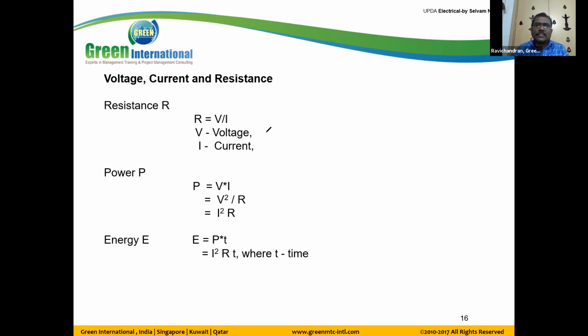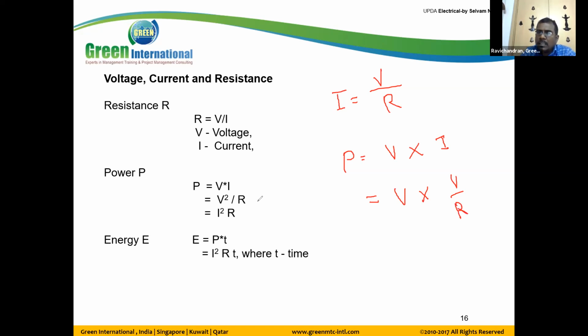We have general formulas. From Ohm's law, we have the formula I is equal to V by R. And power, P is equal to voltage into current. From Ohm's law, we can write current as V by R. So that is why we have the formula V square by R. Similarly, we have the I square R formula.